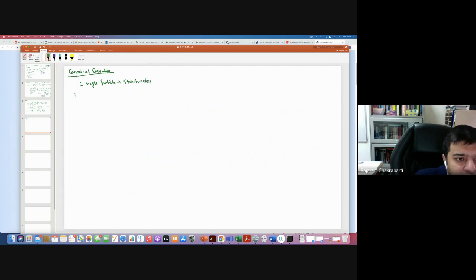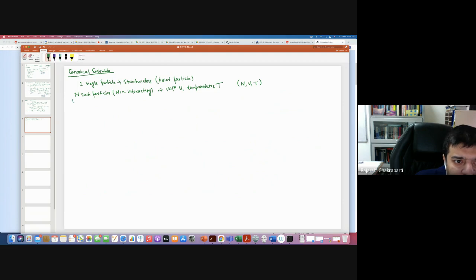So if I have N such particles, structureless, like a point particle, like a dot, and if these particles are non-interacting, and I put them in a total volume V, temperature T, then I'll have an ensemble like NVT, isn't it?